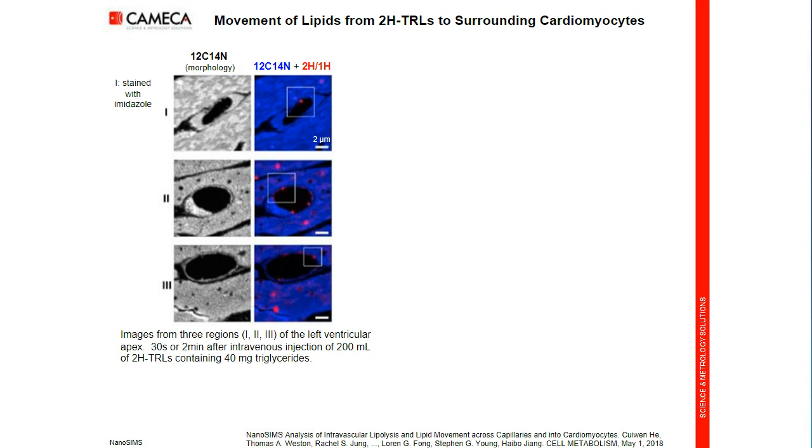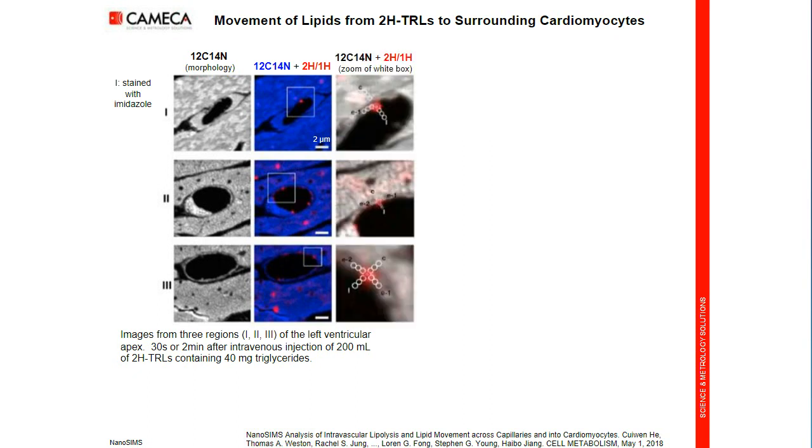The NanoSIMS resolution is 50-100 nanometer. From these images, it is then possible to extract quantitative values from small spot area moving from the droplet to the lumen labeled L, or along the endothelial cells labeled E1 or E2, or into the cardiomyocyte labeled C.